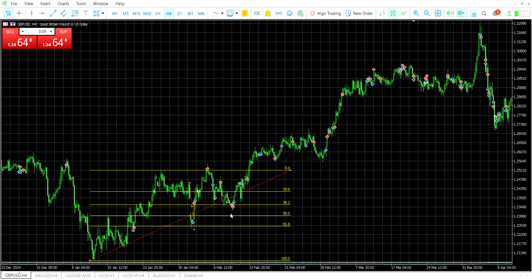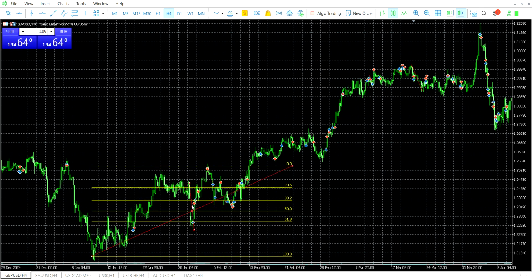So as you see, we are using it in combination, not in one case. But in combination, the Fibonacci level is a very good and very strong tool. That's the first use, as a tool for the correction.